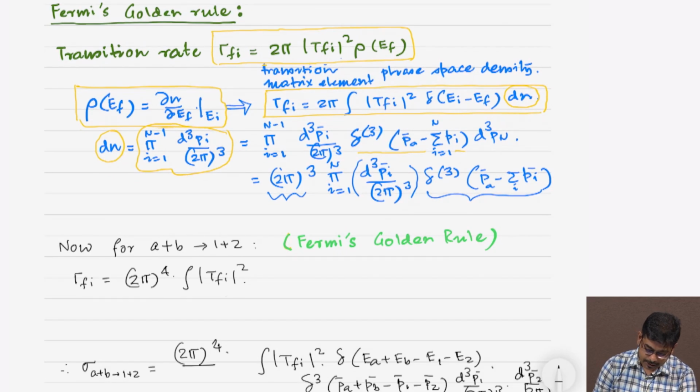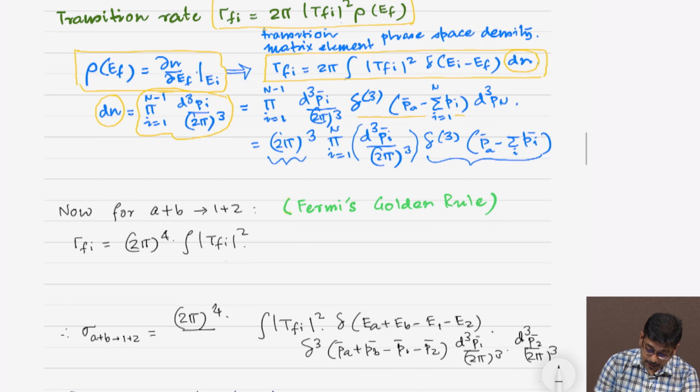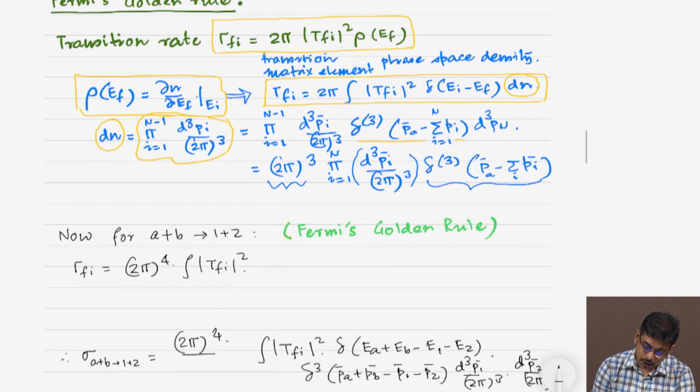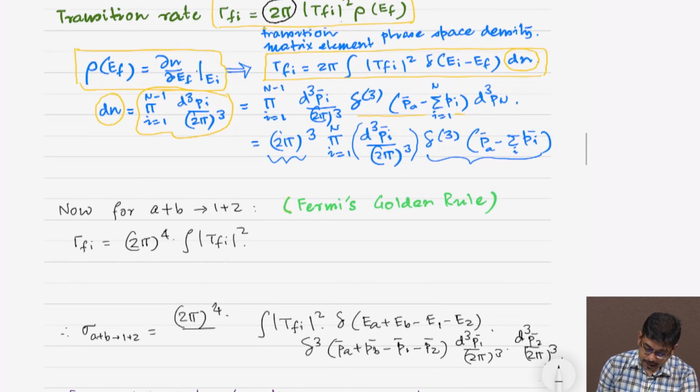the transition matrix element, or rather the transition probability from state I to state F using Fermi's golden rule. So, this 2 pi whole cube will actually be conspiring with this additional factor of 2 pi which you have, and brings you this 2 pi whole to the power 4, and then we have T Fi mod squared, and then what are the other terms that we actually have?